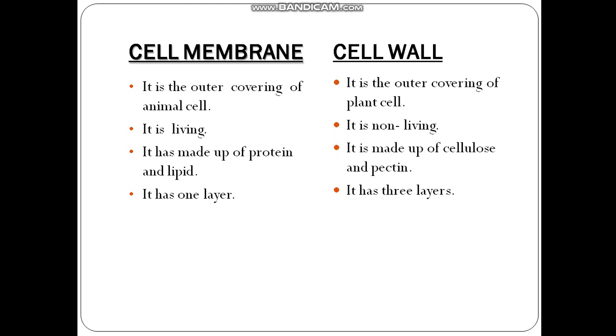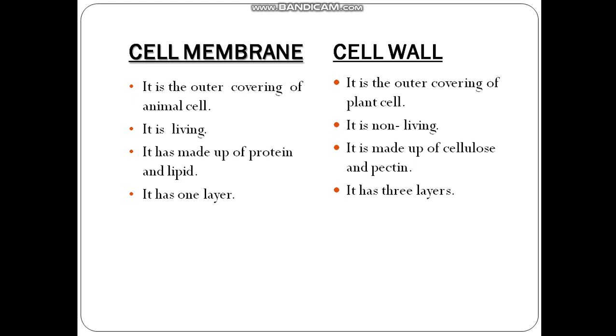An egg is a complete cell. आप अंडे को अपने जहन में रखें, ये एक कंप्लीट सेल है. The hard shell of the egg is like a cell wall, and the inner skin of the egg, अंदर जो झिल्ली होती है, membrane white color की होती है, the inner membrane is like a cell membrane.